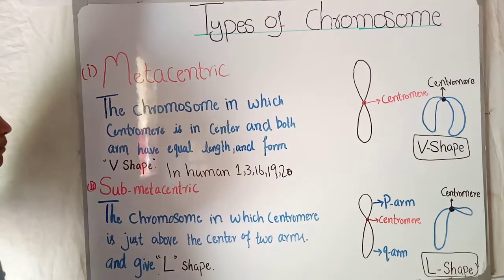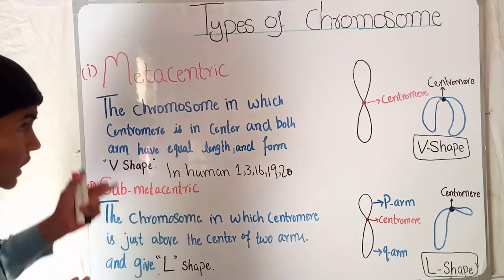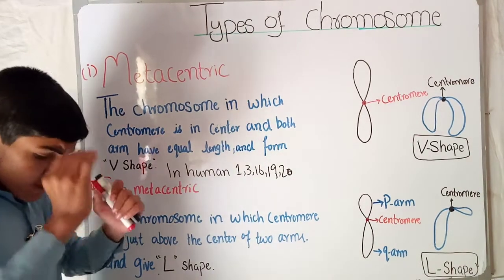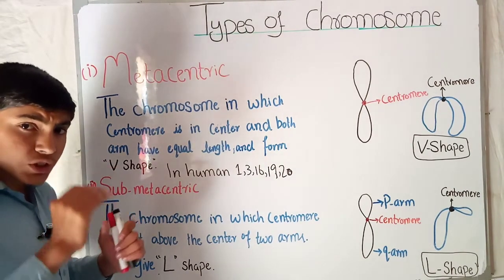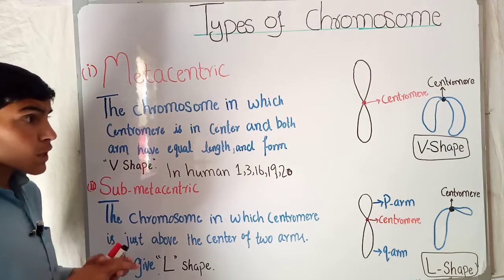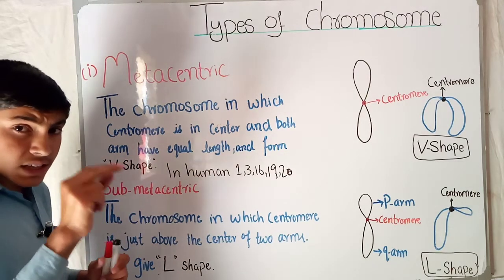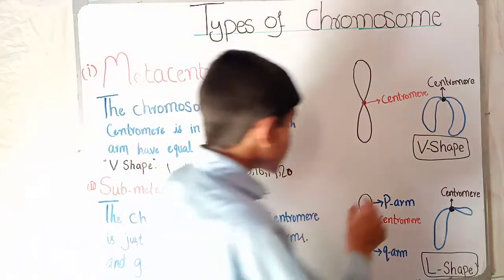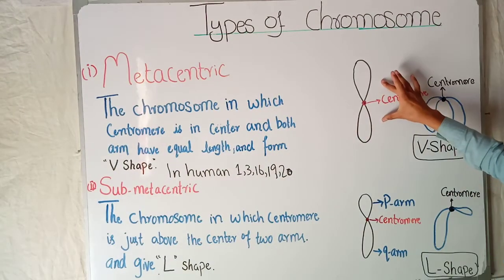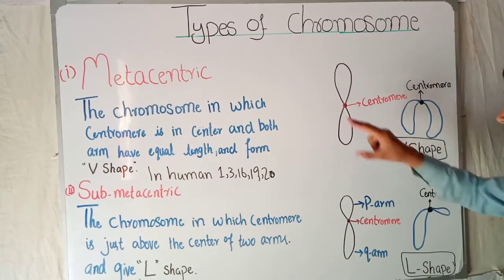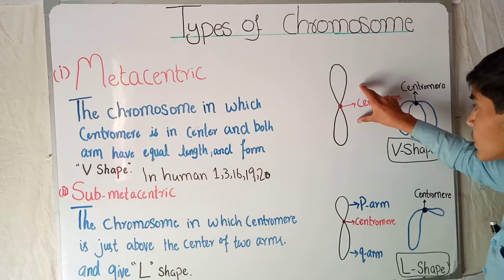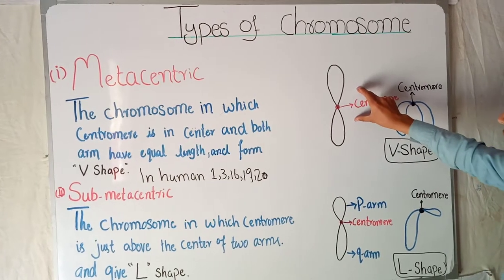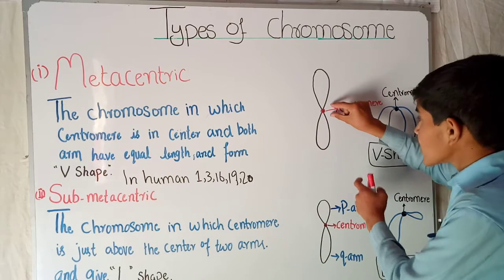The first one is the metacentric. Metacentric means the center position, so in this chromosome the centromere is in the center. You can see here a typical structure of a chromosome. A metacentric chromosome is one in which the centromere is at the center.